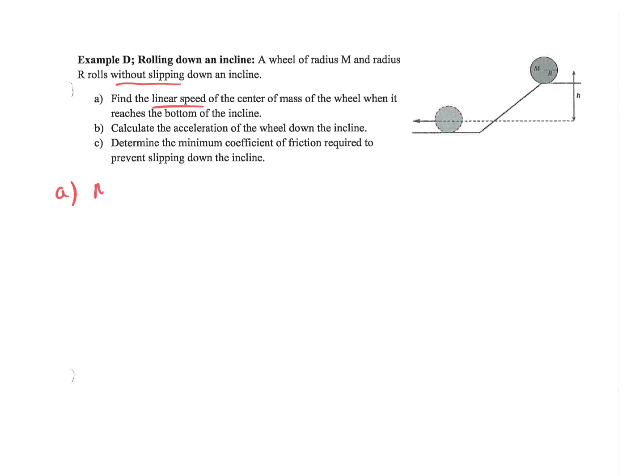Okay, so we know mechanical energy initial equals mechanical energy final. Fine. Mechanical energy initial is sitting at the top. That would be mgh. At the top, mechanical energy final. We know it doesn't have any gravitational at the bottom, but it does have kinetic energy rotational plus kinetic energy translational.